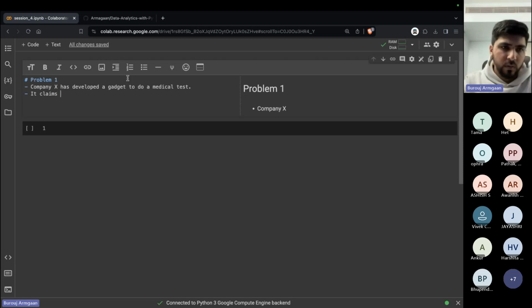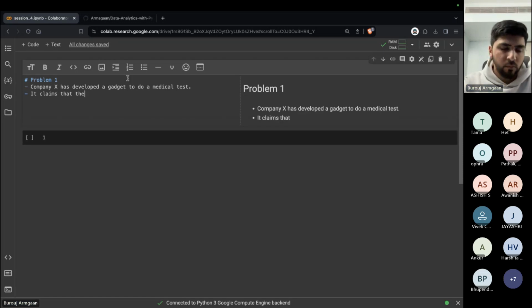It claims that it returns correct results 99% of the time.